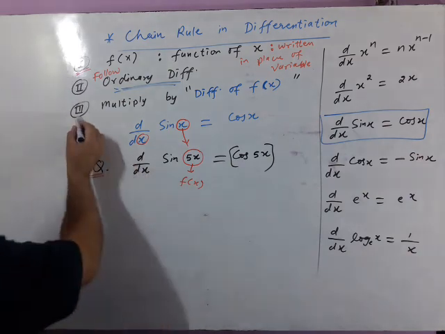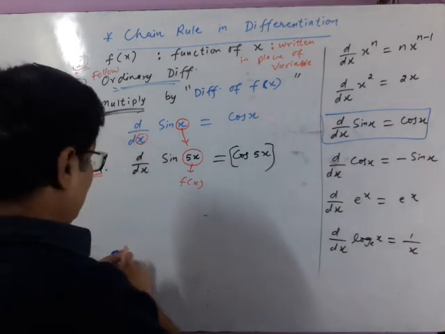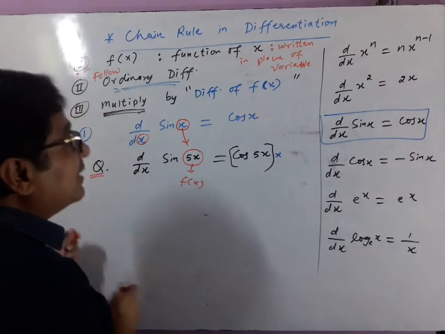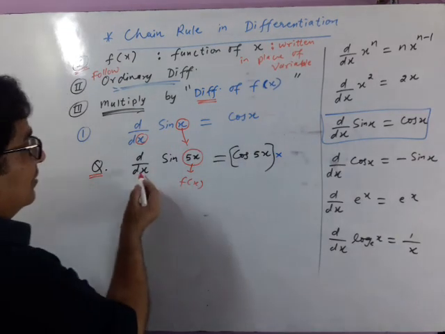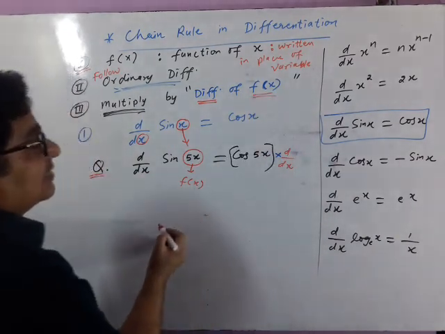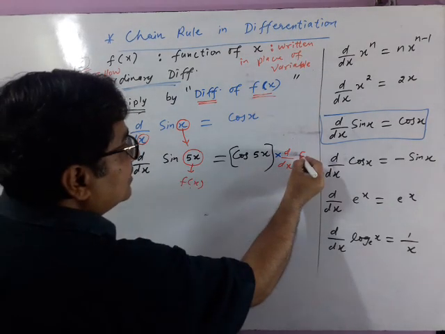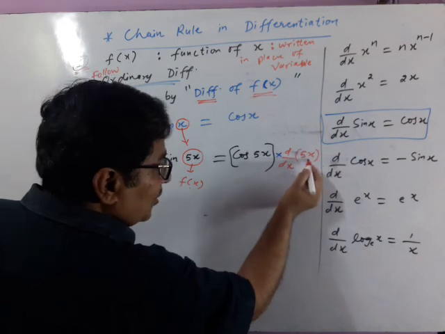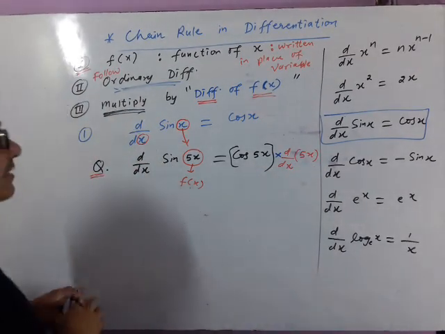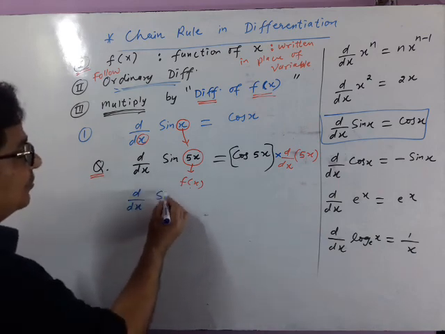Now follow step number 3. Multiply. So write here multiply. Now which thing should be multiplied? The differentiation dy dx of the function of x. What is the function of x? In this numerical it is 5x. So this is the differentiation of the function of x, which is 5x. Now see it, then I am telling you other examples also.